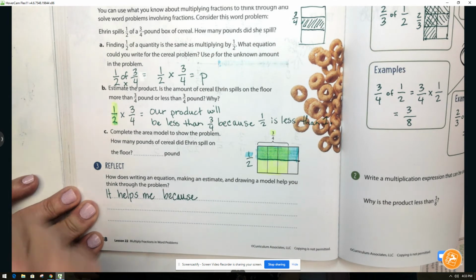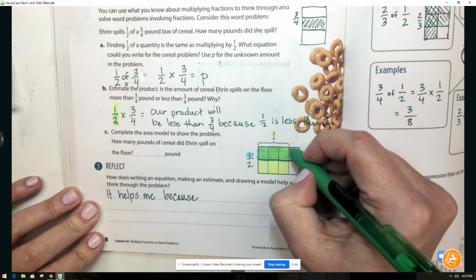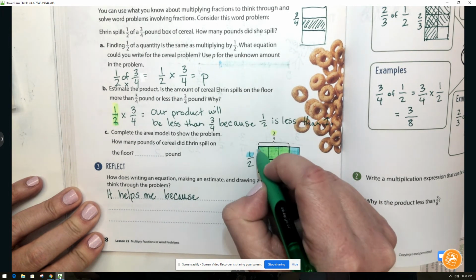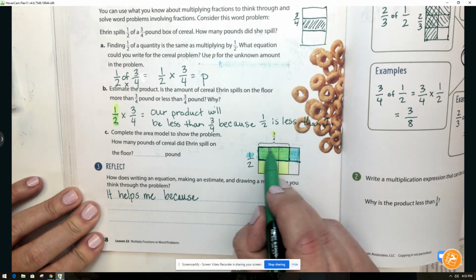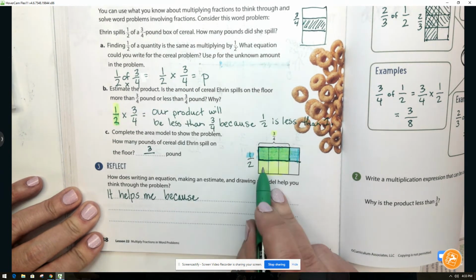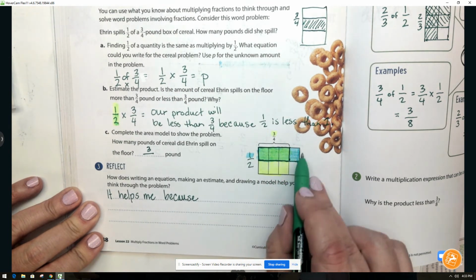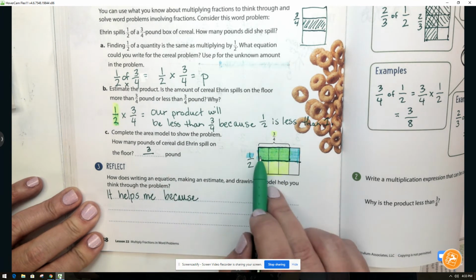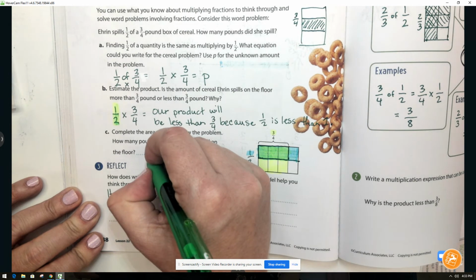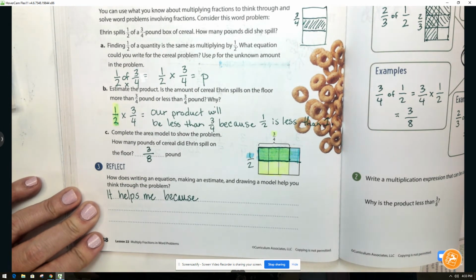And then our overlap is the answer. So the shaded part is our numerator, which is 3. And then the total number of tiles in the whole is our denominator. So 1, 2, 3, 4, 5, 6, 7, 8. So the answer is 3/8 of a pound is how much of the cereal that Erin spills.